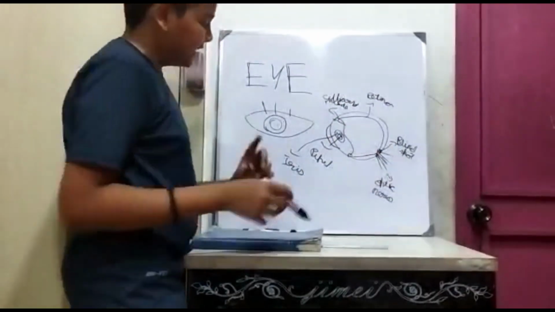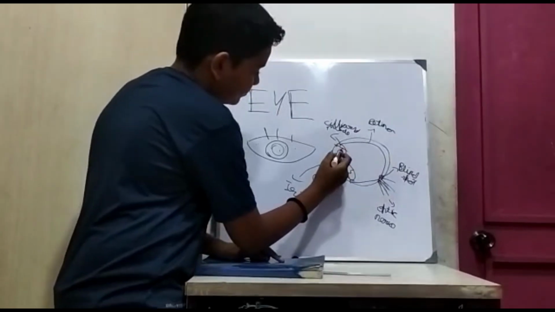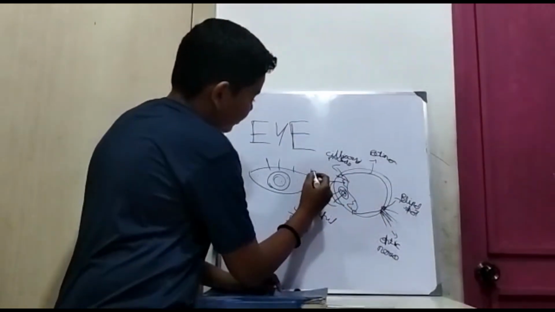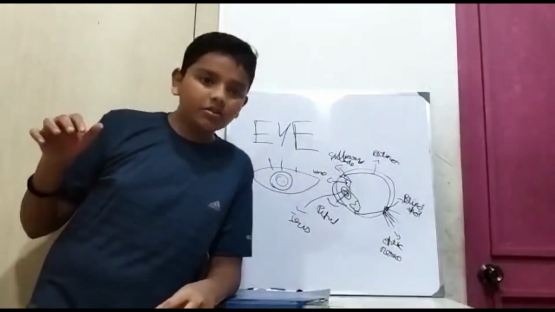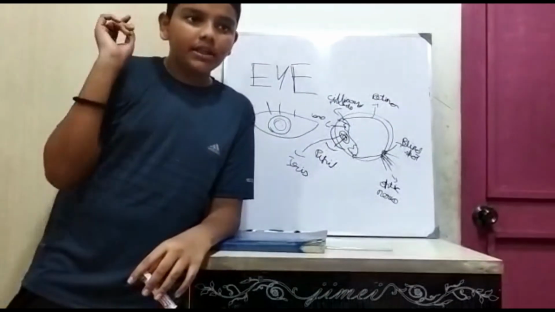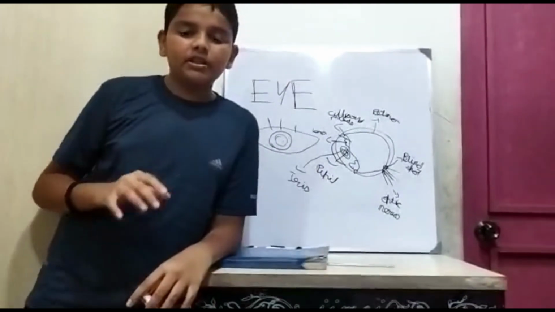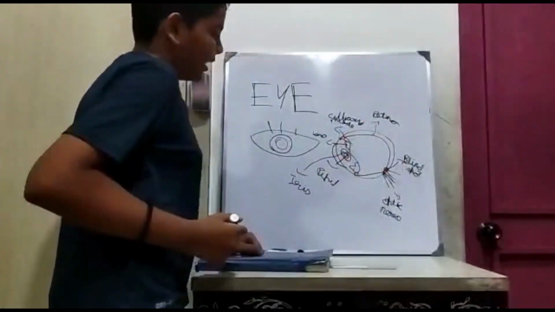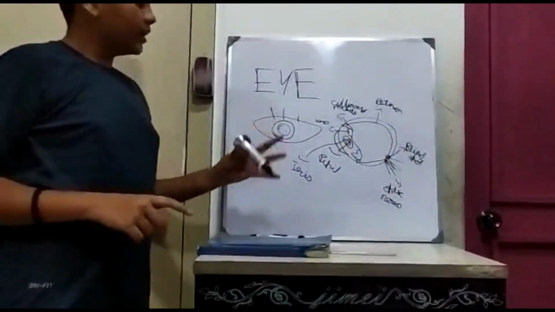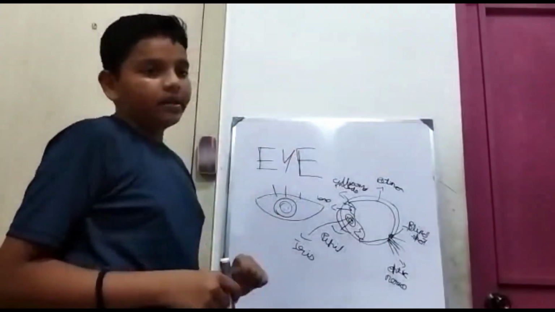And another part is the lens, which is in the front. Many people don't know about this lens. Many people have green eyes. It is not a normal thing; it refers to the color of the iris. So this is the eye diagram. Now let's go and see about the retina.